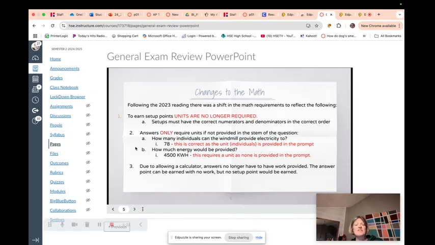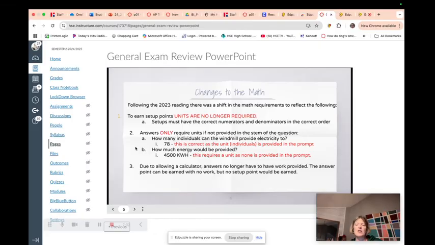So the first is, to earn setup points, you no longer have to have units. Setups have to have the correct numerators if you're doing dimensional analysis, the correct denominators, and the process needs to be shown in the correct order. The only thing that really requires units is the answer.